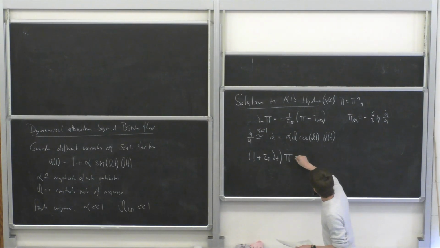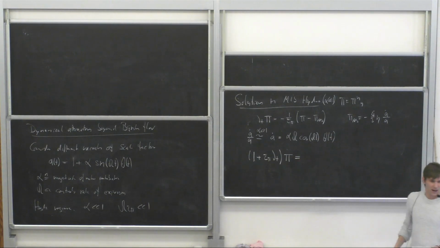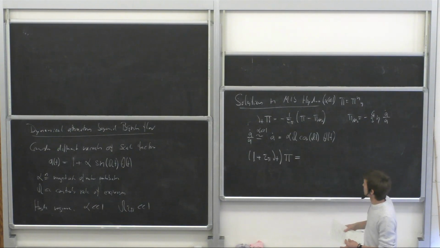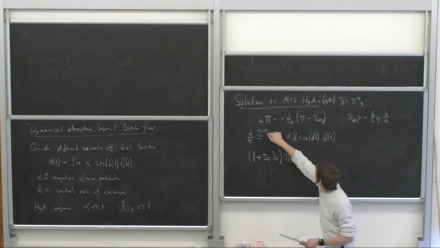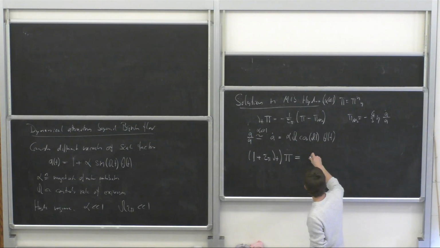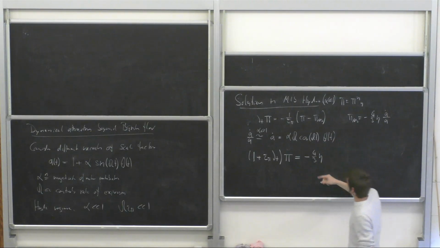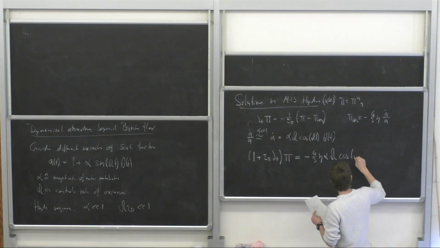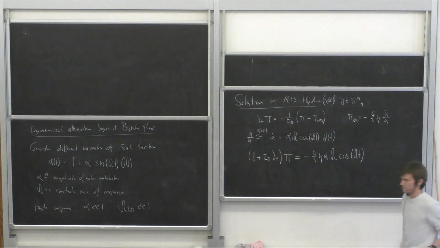And you see why I'm doing this. So this is now given by the driving term. The driving term, the tau pi I've multiplied over, is just the Navier-Stokes stress. So this is now just minus 4/3 eta, and then I have A dot over A, which is alpha omega cosine of omega t.